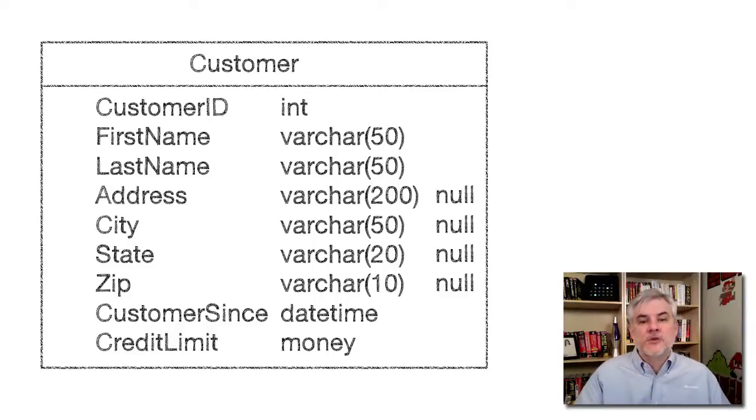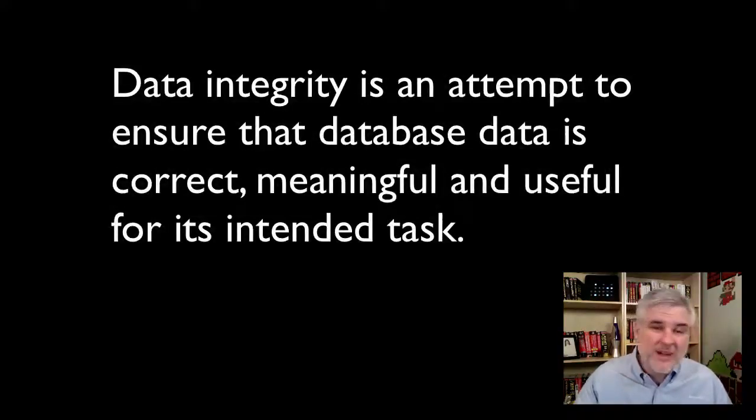However, if first name or last name is missing, the database can reject that attempt in order to maintain the integrity of the data. So to recap, to answer the question, what is data integrity? Simply put, data integrity is an attempt to make sure that all of the data in the database is correct and meaningful and useful for the purpose of any application that might need to use that data.